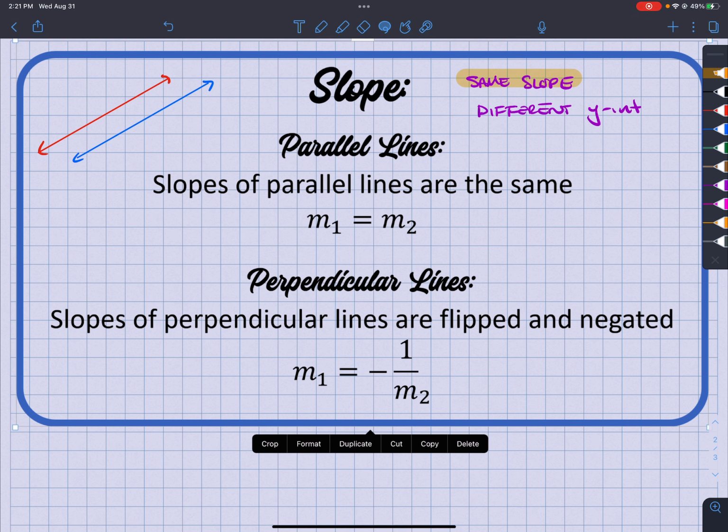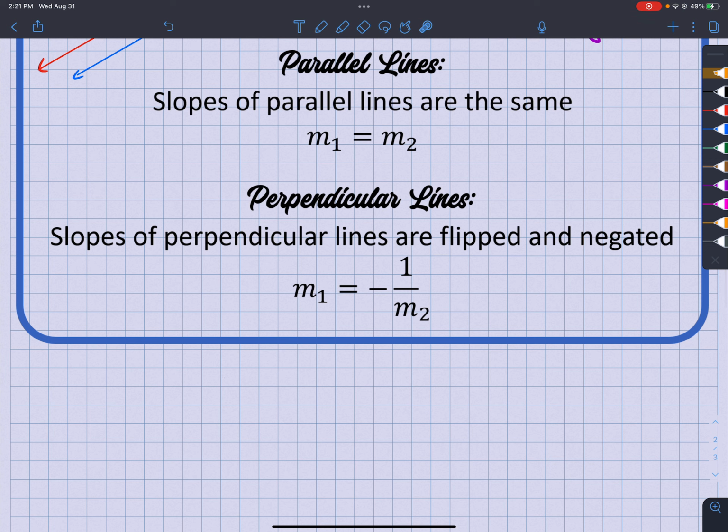Now, perpendicular lines, as you can see right here, this looks kind of weird, right? So I put it down as flipped and negated. Meaning, if the given slope was, let's say, 2/3, then the slope that's parallel to that is going to be the same thing, 2/3.